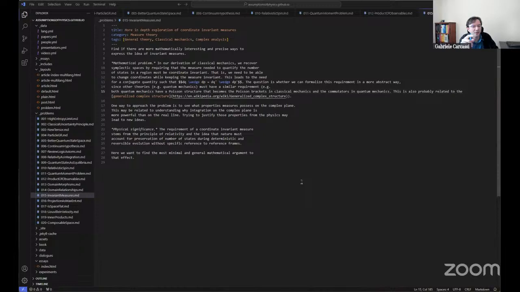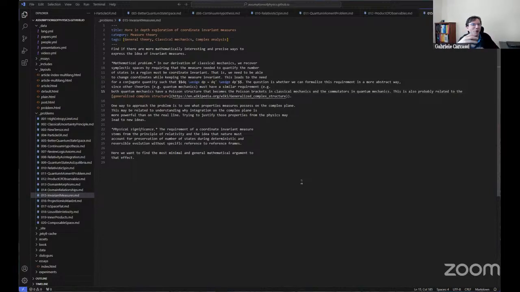But the way we characterize things like determinism, reversibility, and probability over states should not depend on the particular units that we've chosen.